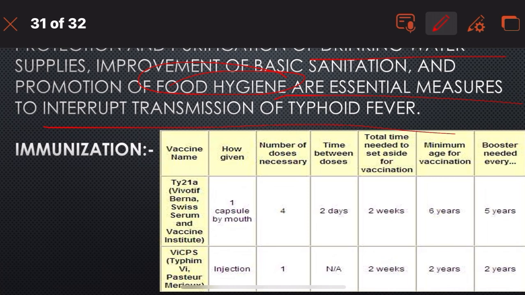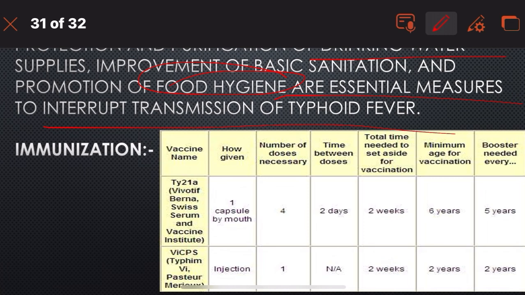Now the vaccines which are given here: Ty21a, typhoid 21A vaccine, is Vivotif.